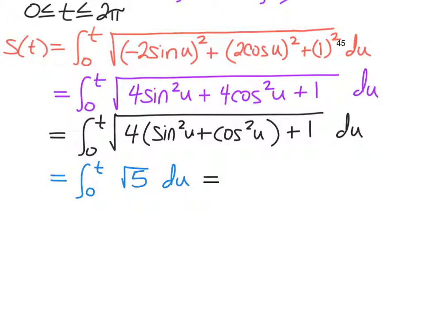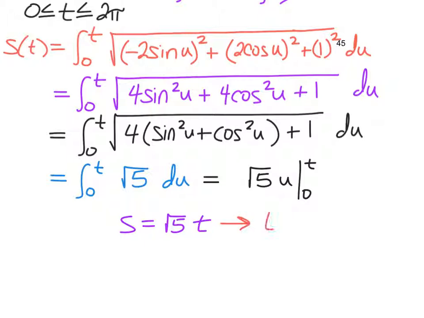So we're looking at root 5 du, which has an antiderivative of root 5 times u over the interval of 0 to t. So what we get is a relationship where s is equal to the square root of 5 times t. And since ultimately my goal is to swap out the t's in my original vector value function for s's, I would solve this for t in terms of s, and then make my substitutions.